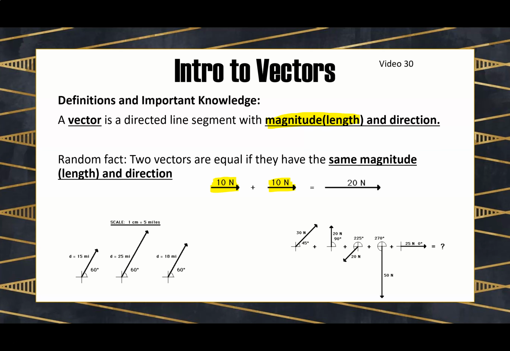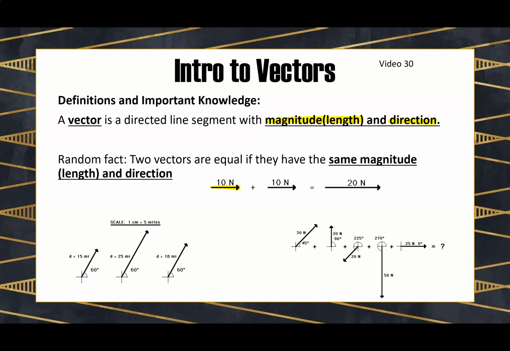And note they're also in the same direction. All right, so what's the takeaway on this? Magnitude means length. Examples of that would be things like miles, newtons. It might be things like miles per hour. We'll see some examples of that as well. And then all vectors have direction as well.